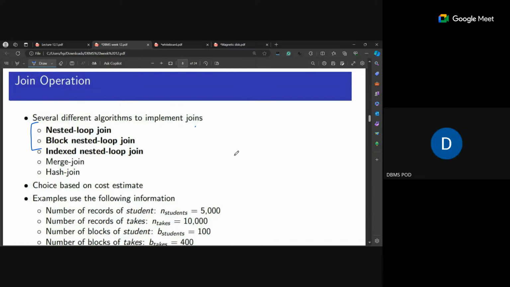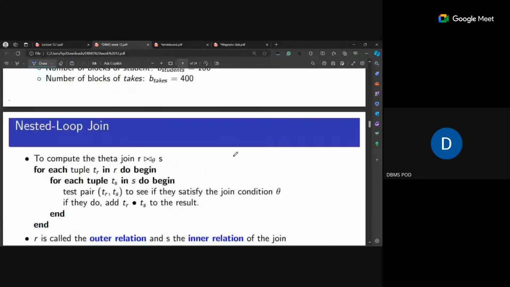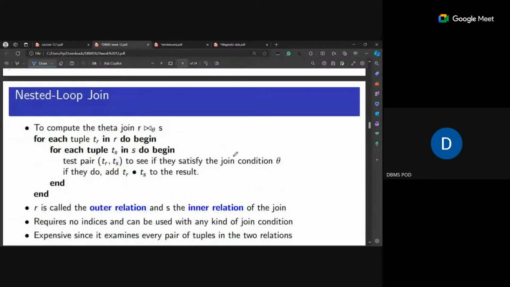So how does this algorithm work? First is nested loop join. Suppose we want to do a nested loop join. For each tuple tr, where r is the outer relation. Suppose we are joining student and takes, and we take student as the outer relation.